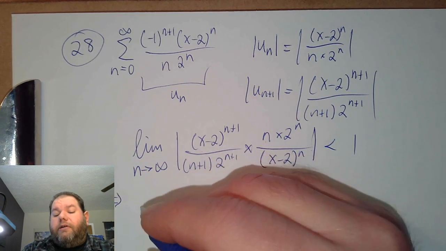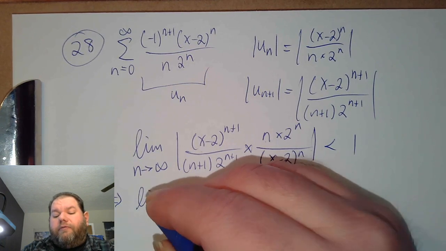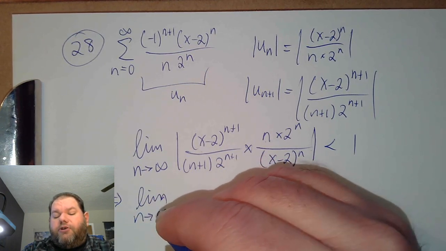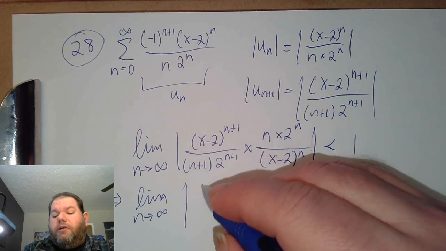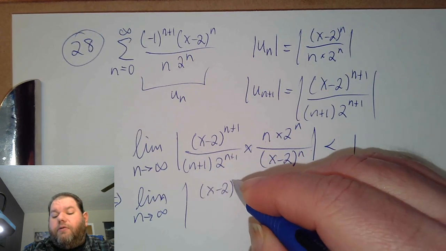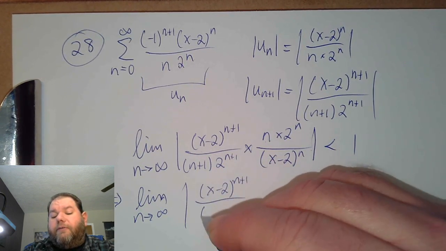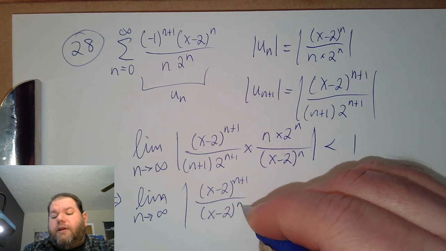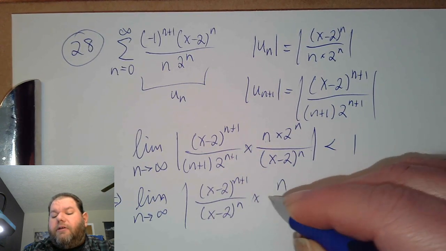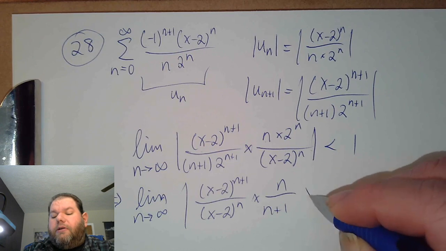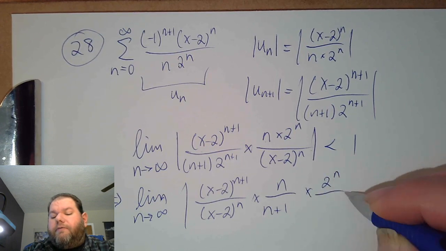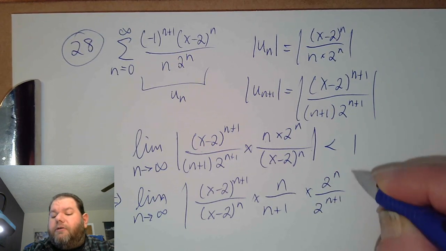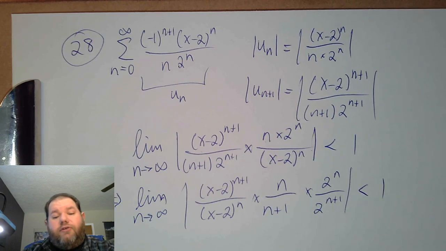So once again, we could arrange those vertically from each other: x minus 2 to the n plus 1 over x minus 2 to the n, times n over n plus 1, times 2 to the n over 2 to the n plus 1. And we can reduce each of those individually if possible, and then go from there.